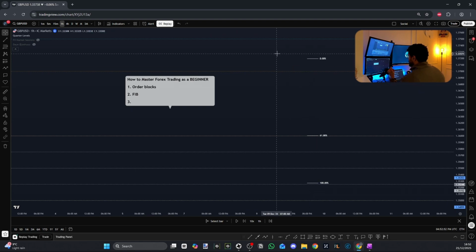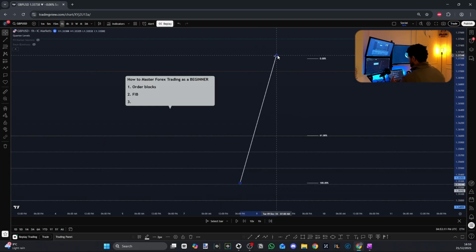So you want to buy it when price is in a discount area, so a retracement area. And in this case, we're looking for price to retrace roughly into the 61.8% Fibonacci retracement. So say we have a bullish leg within the market.